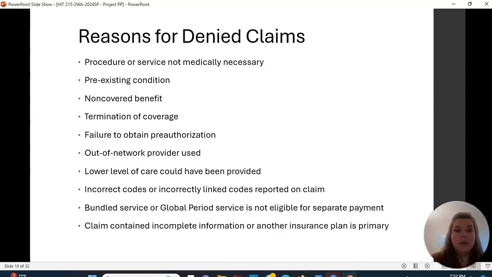Procedure or service not medically necessary, pre-existing condition, non-covered benefit, termination of coverage, failure to obtain pre-authorization, out-of-network provider used, lower level of care could have been provided, incorrect codes or incorrectly linked codes reported on a claim, bundled service or global period service is not eligible for separate payment, claim contained incomplete information, or another insurance plan is primary.